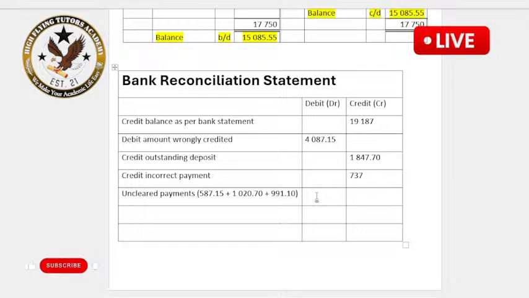Can you guys do the calculation right there? 587.15 plus 1020.70 plus 991.10. How much is the answer right there? Put the answer on the chat quickly.